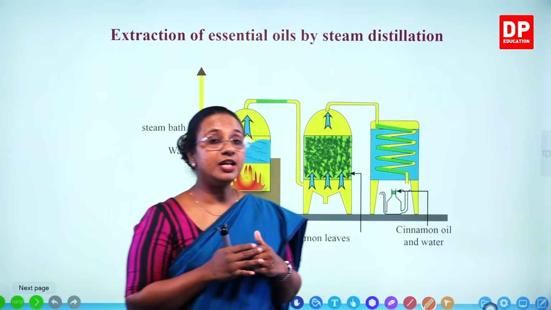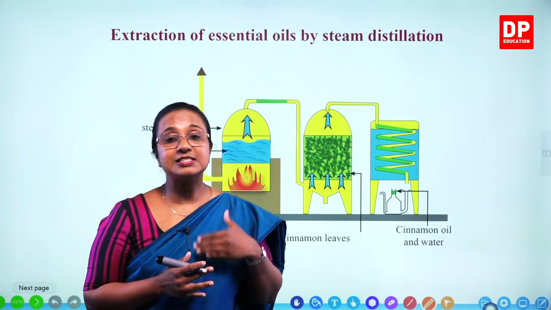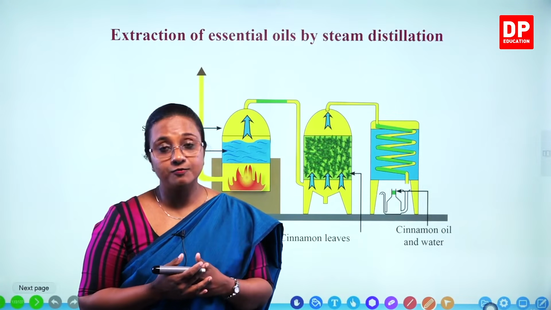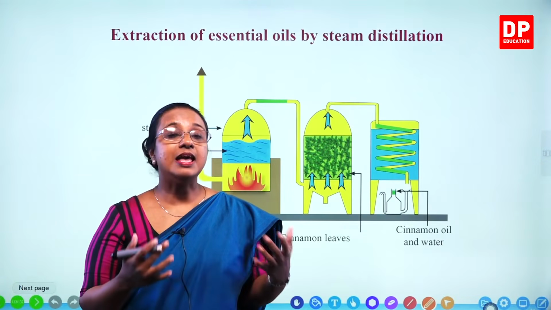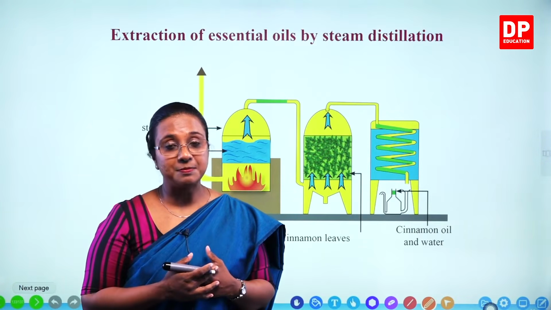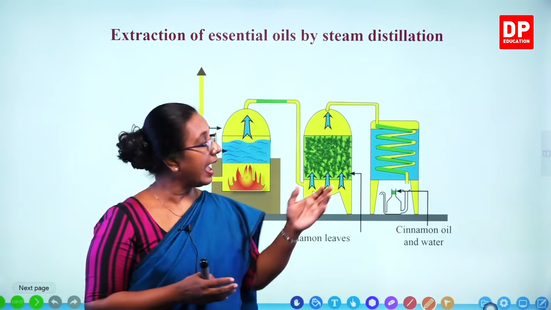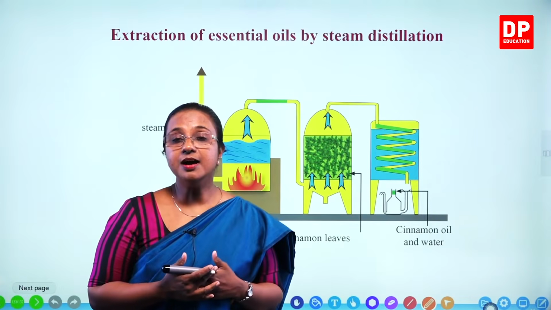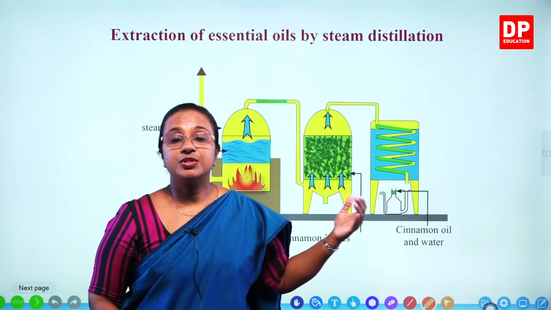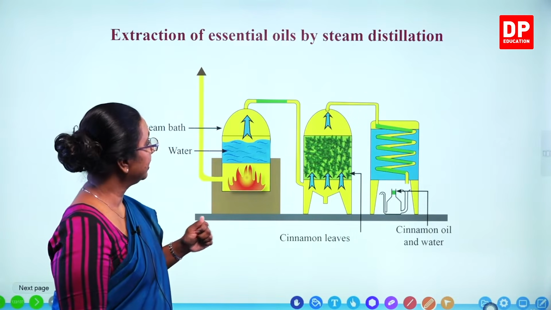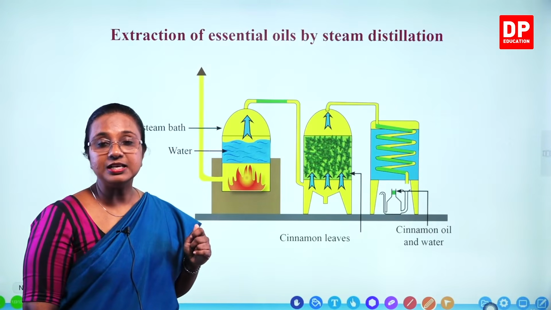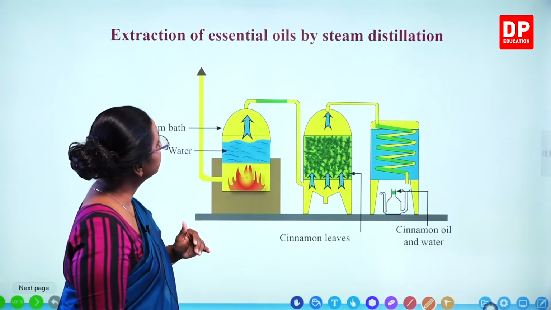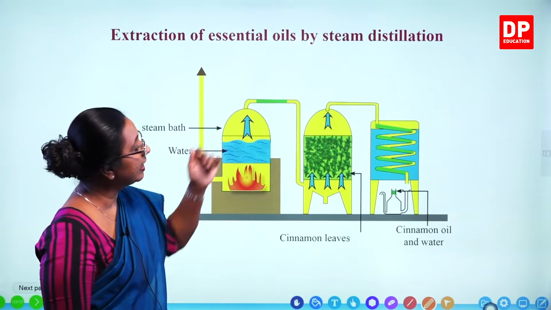And as you already know, these essential oils are immiscible with water. So they separate out into layers, then the two layers can be separated easily and they can be used for their purposes. So that is another technique of separation that is used in the industry, extraction of essential oils by steam.